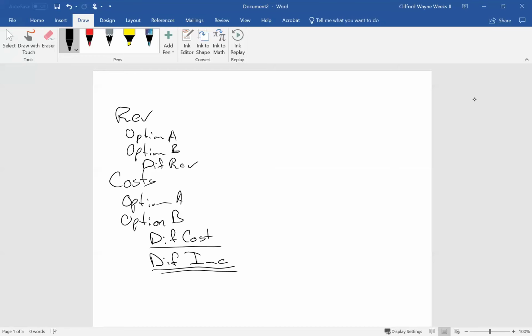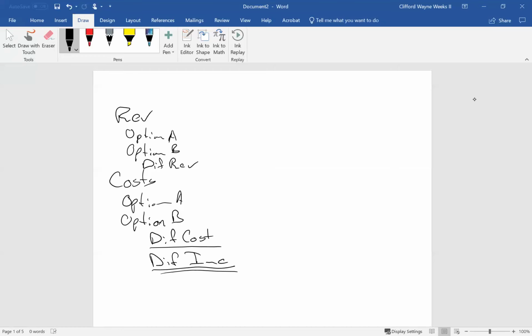This is the way I learned how to evaluate these things, and I personally like this better than the way they show us in the textbook, because they get into these negative incomes, and it just confuses me, to tell you the truth.